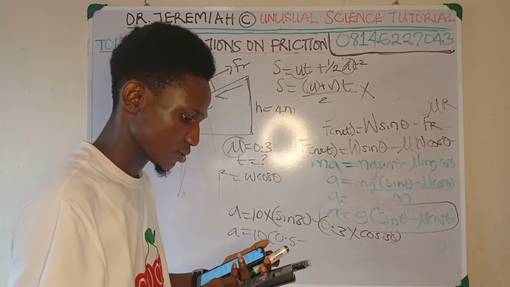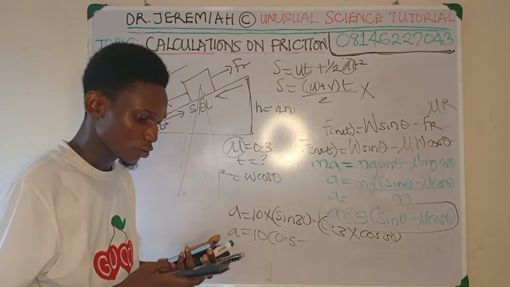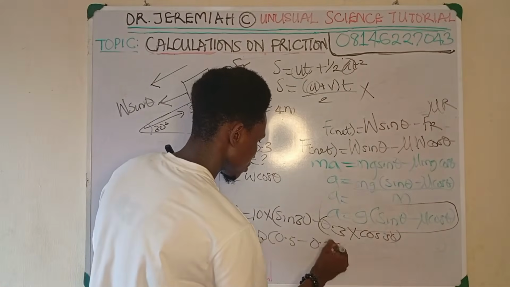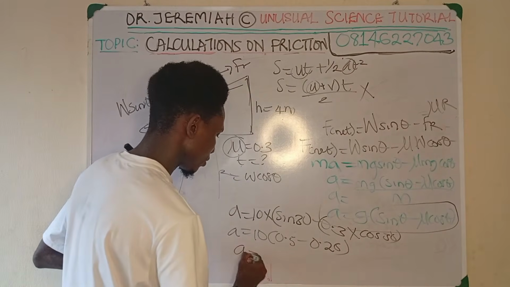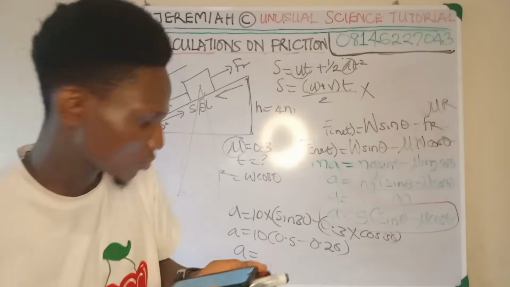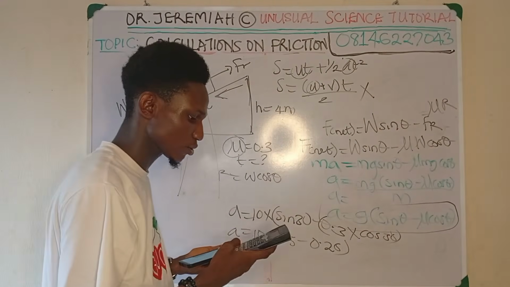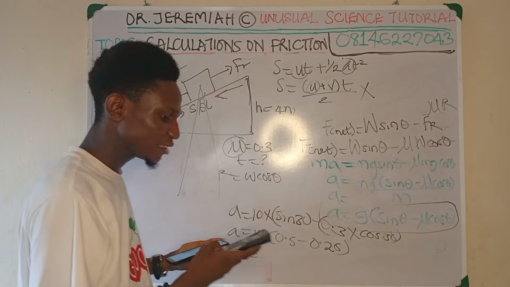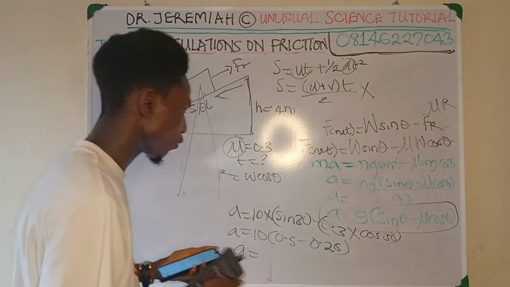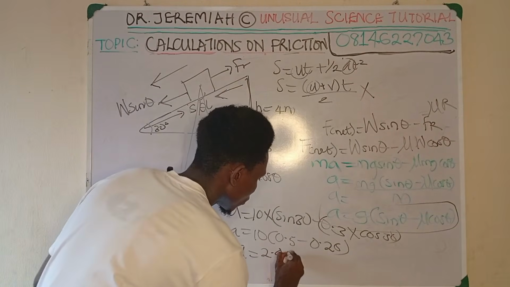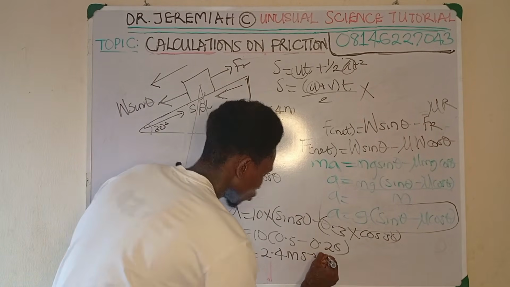I'm going to get 0.26. So if you minus them, I'm going to get 10 times 0.5 minus 0.26, which is 0.24. If you multiply this by 10, you're going to get 2.4. So your final answer is 2.4 meters per second squared.